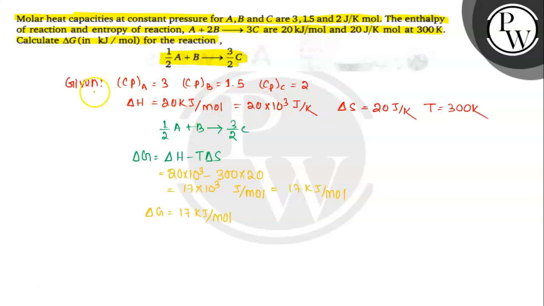According to the question, we have to find the value of del G. To find del G, we know the formula is del H minus T del S. Del H is given, T is given, del S is also given, so all the values are given. Now if we divide the main reaction by 2, there is no change in the answer, so it will remain the same. The answer will be 17 kilojoule per mole.